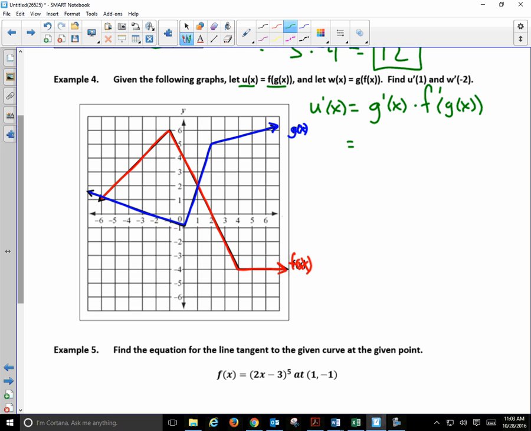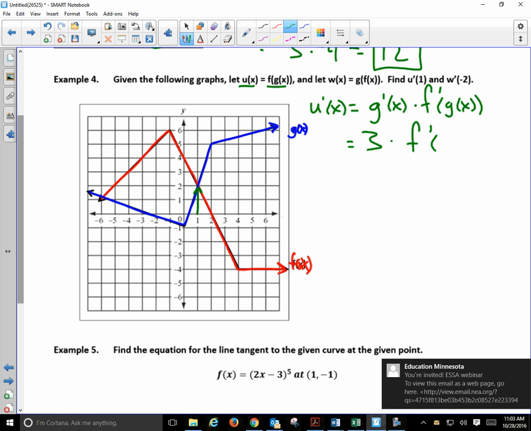What does that mean, G prime of 1? The slope at 1. So I look for G, that's the blue. What's that slope? 3. Now I got to find G of 1. What's G of 1? 2.